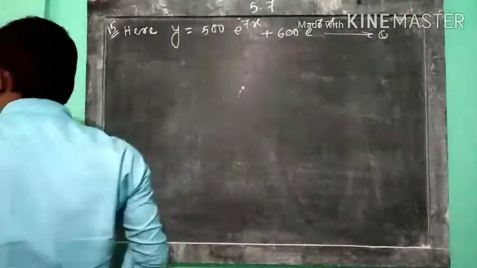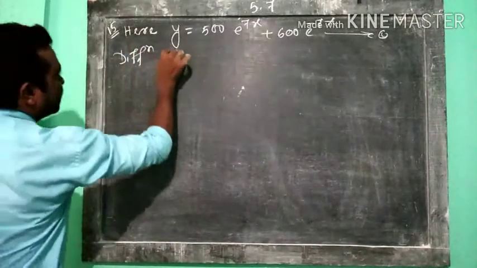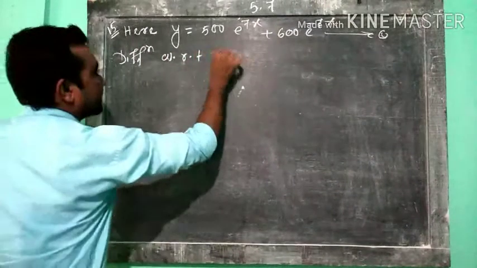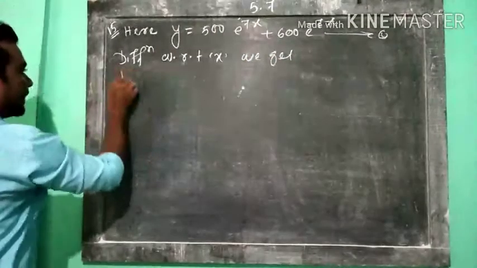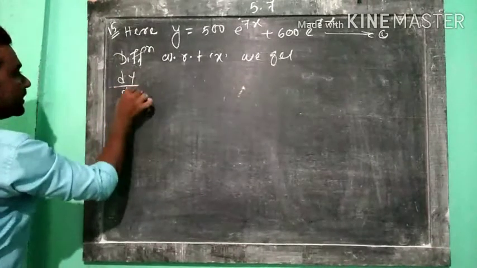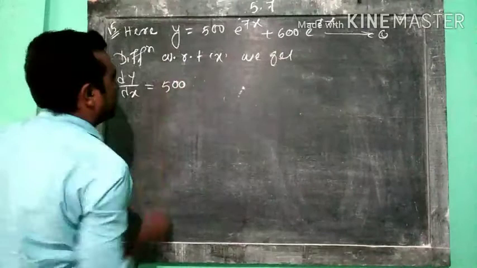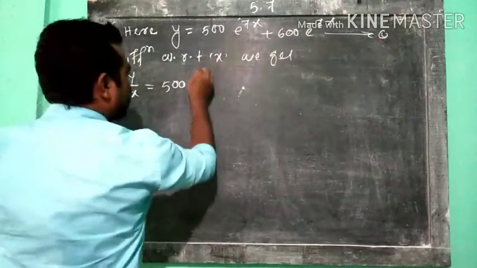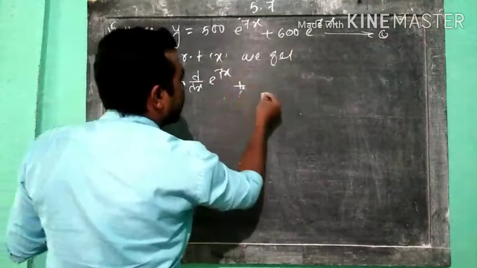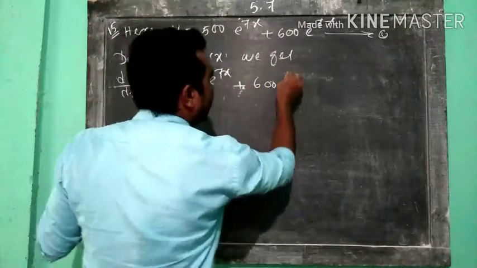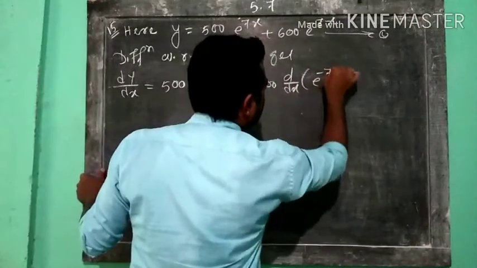Now differentiating with respect to x, we get dy/dx equal to 500 is constant, so d/dx of e to the power 7x, plus 600 is constant, d/dx of e to the power minus 7x.